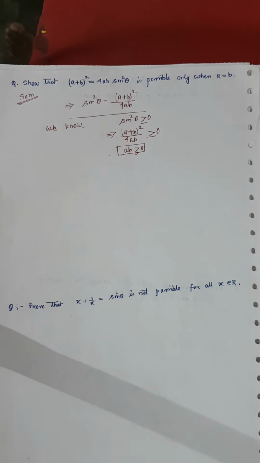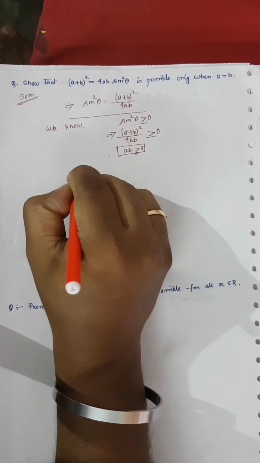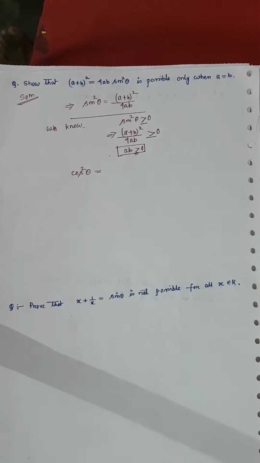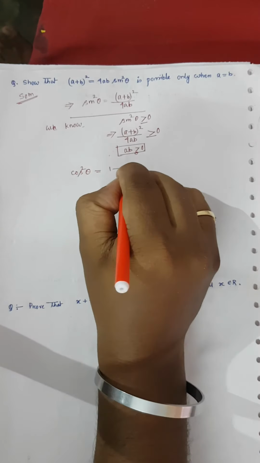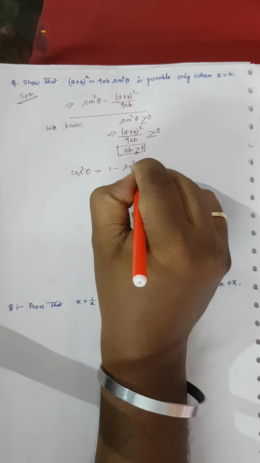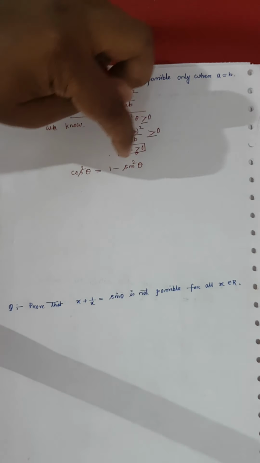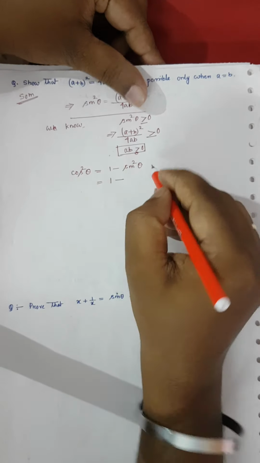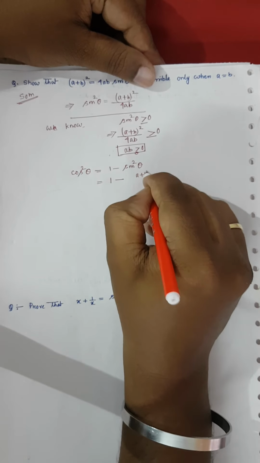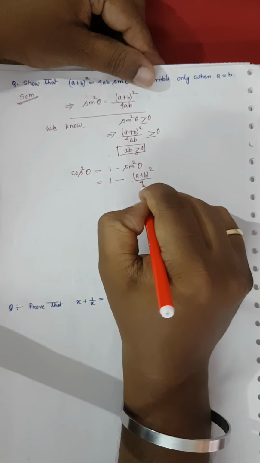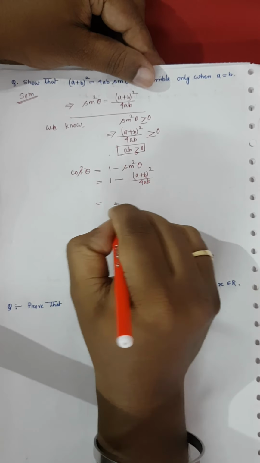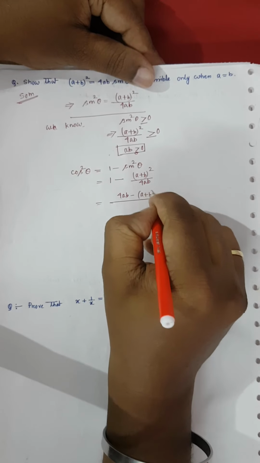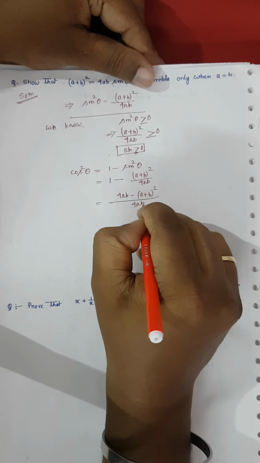So ab is positive. Now what is cos square theta? Cos square theta is equal to 1 minus sin square theta. Therefore we'll write 1 minus a plus b whole square by 4ab. Hence we are getting 4ab minus a plus b whole square by 4ab.